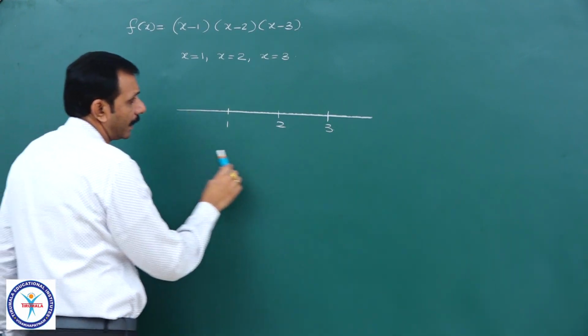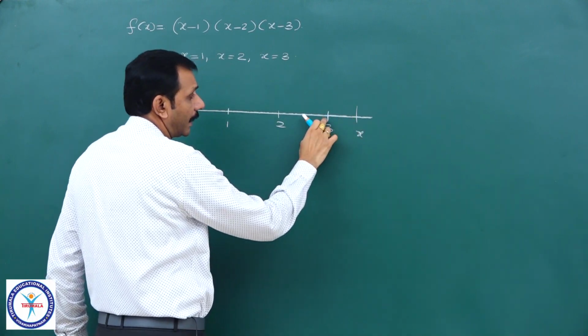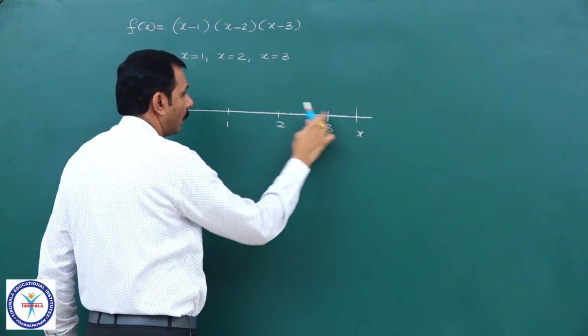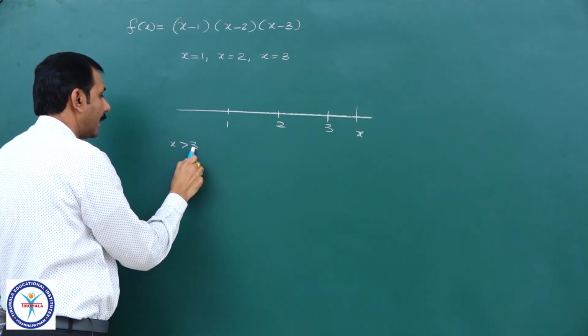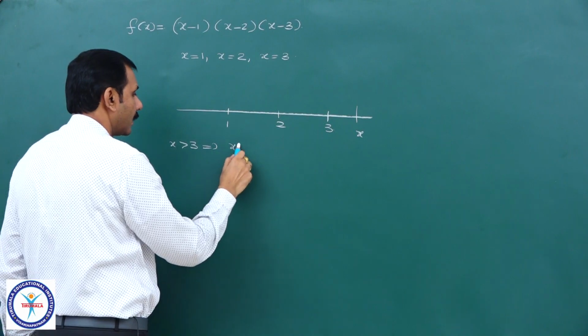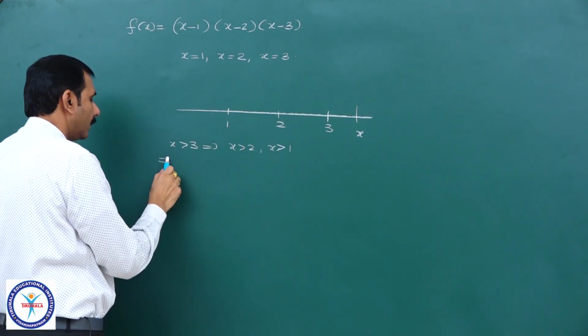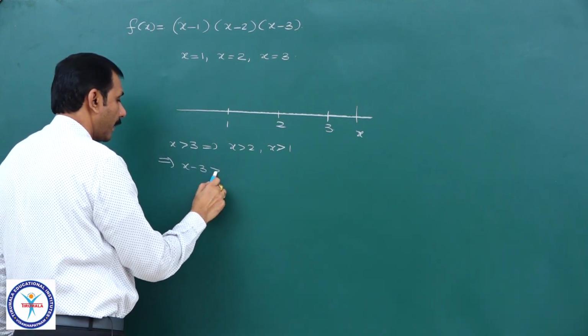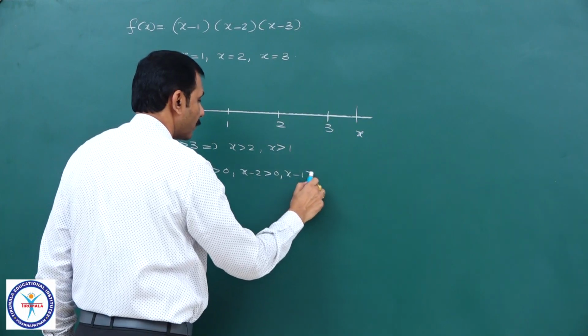Now, if I take x somewhere here greater than 3, x greater than 3 means x greater than 2 and x greater than 1 also. That implies all these factors, x minus 3, x minus 2, x minus 1, are positive.